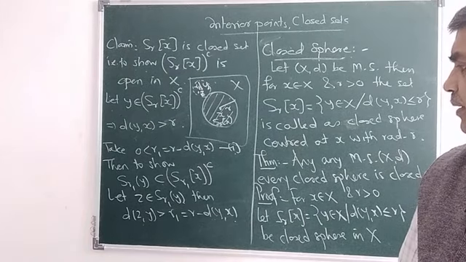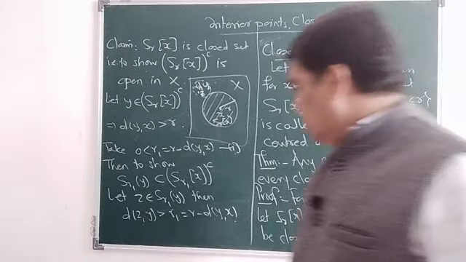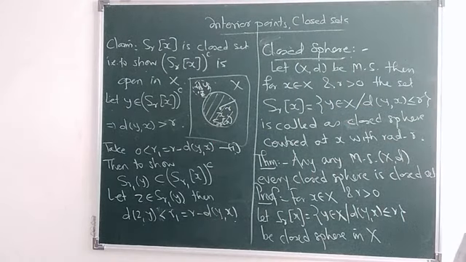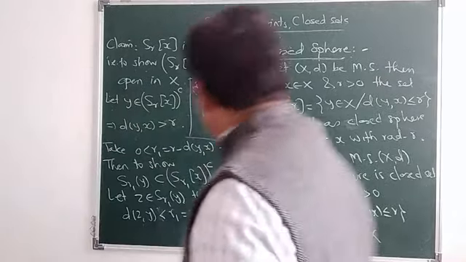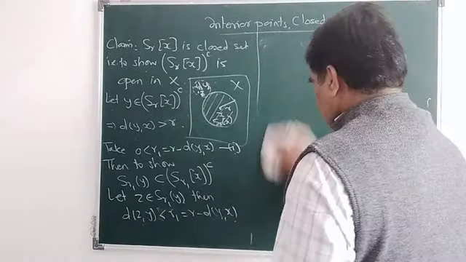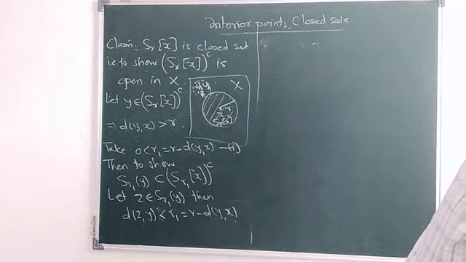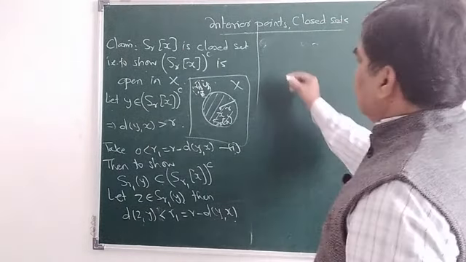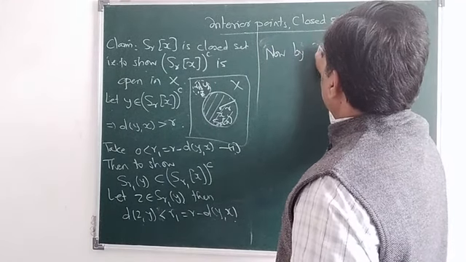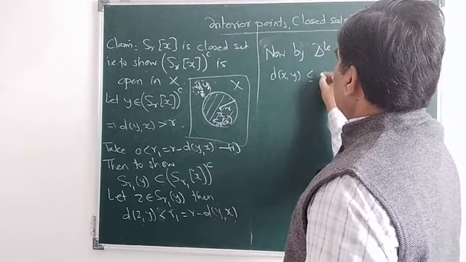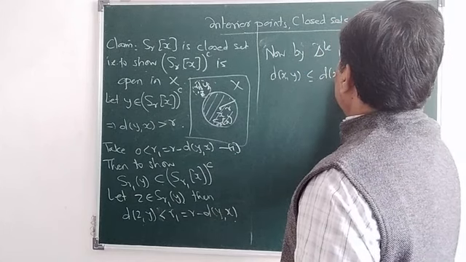d(z, y) is less than r1. Is it clear? Now by triangle inequality, d(x, y) is less than or equal to d(x, z) plus d(z, y).